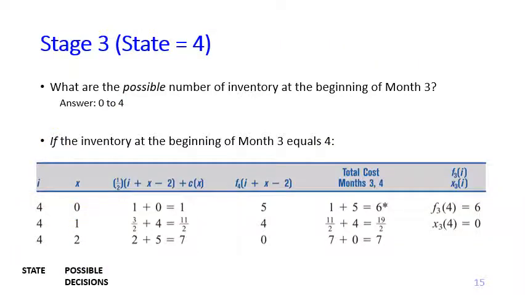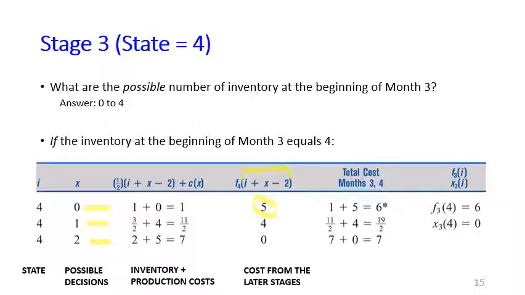And then same as before, we are going to calculate the cost for each of these decisions, and then we are also going to take a look at the cost from the later stages. So this 5 comes from F4. Use this formula: I plus X minus 2.